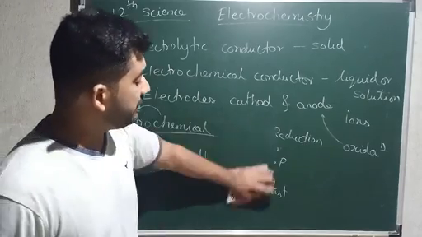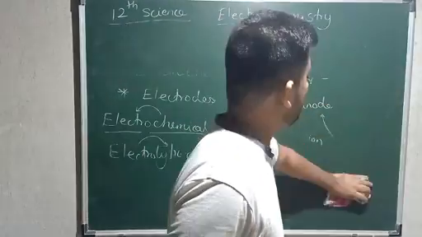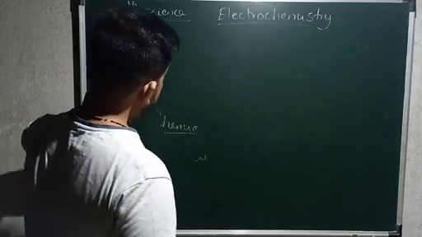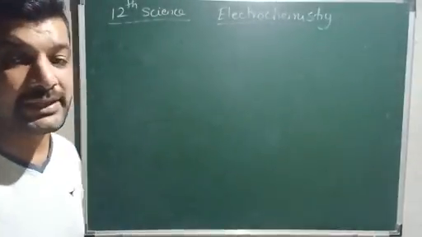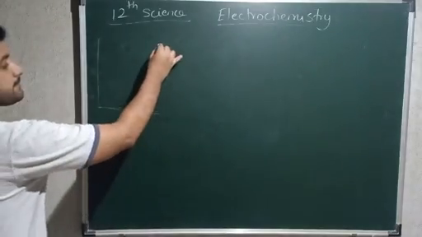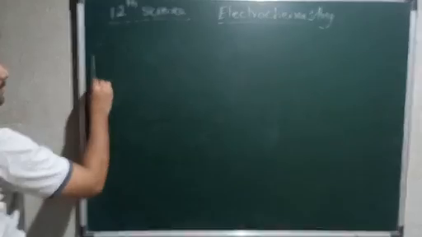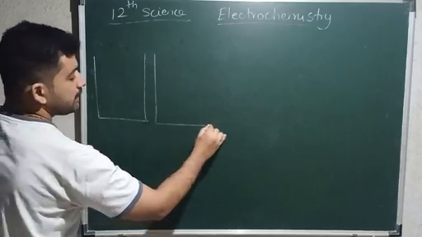Now for the electrochemical reaction, I will draw a cell which will help you to understand what an electrochemical cell and an electrolytic cell are. At this part I am drawing the electrochemical cell.